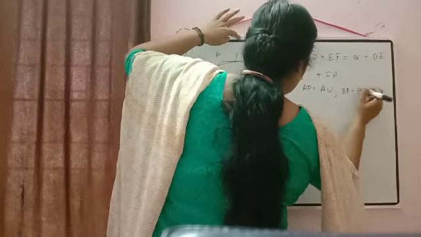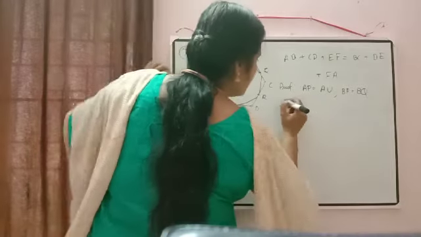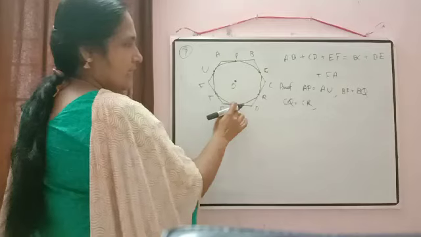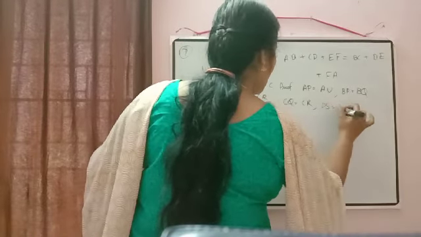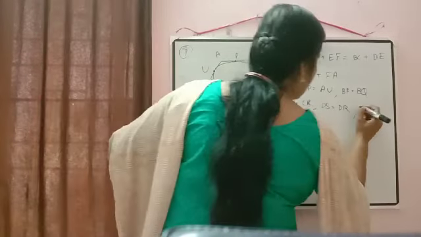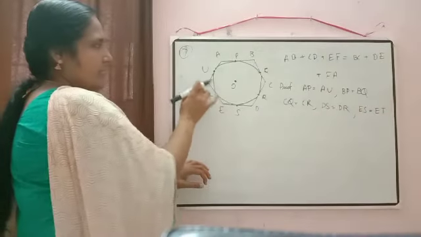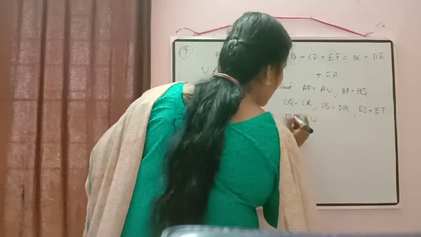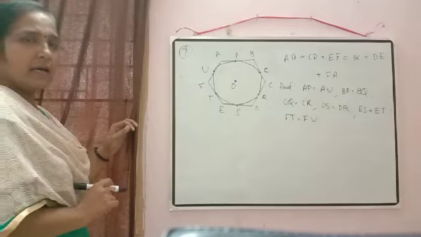Then CQ is equal to CR. Then DS is equal to DR. Then ES is equal to ET. Then FT is equal to FU. Together you write down the reason: length of the tangents are equal.